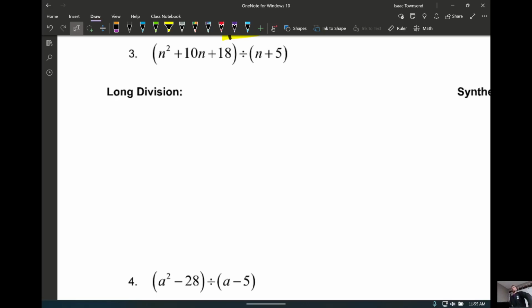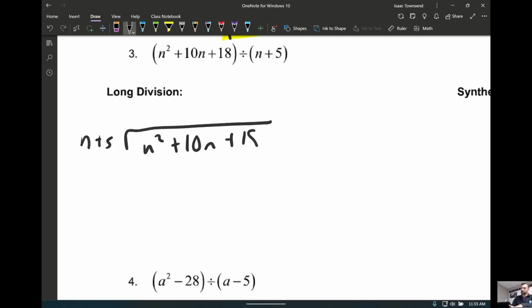Okay. So, of course, make sure you set it up correctly. First part of your answer should be n, because n times n is what gives you n squared. You also have to multiply by everything here though, so also a 5n. Okay, and then most common place that you might have something wrong.